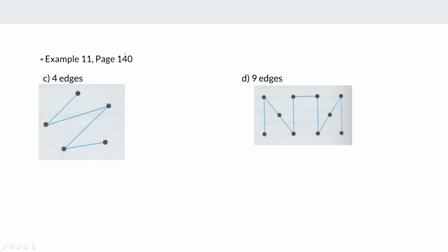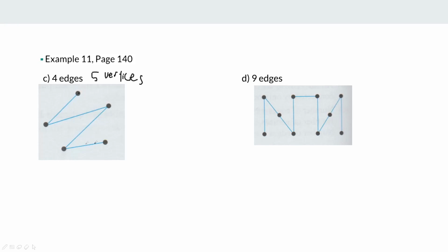Okay, now we move on to the last two examples. Now they switch it up a little. Instead of giving us the number of vertices, they give us the number of edges now, but still the same. Since it has 4 edges, we would know that it needs 5 vertices. So here is an example from the textbook.